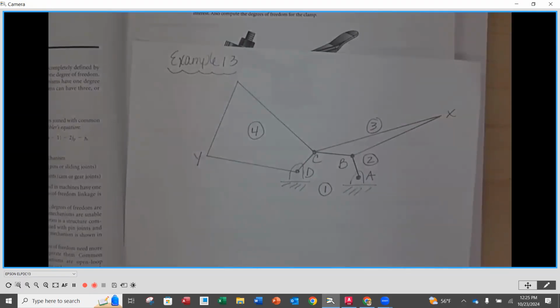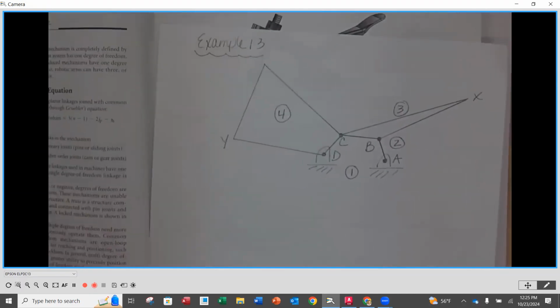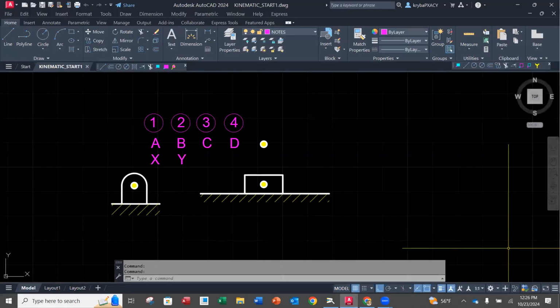Okay. So the next thing is let's go to AutoCAD and make sure that we can create this diagram over there. As I said earlier, I already have AutoCAD pulled up and I've got my kinematic start file here.